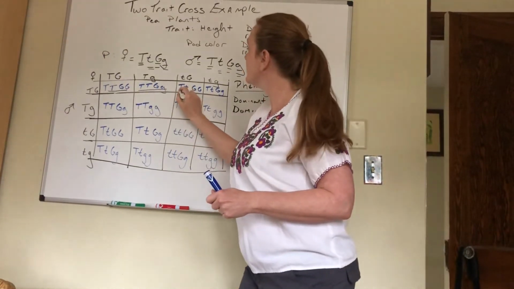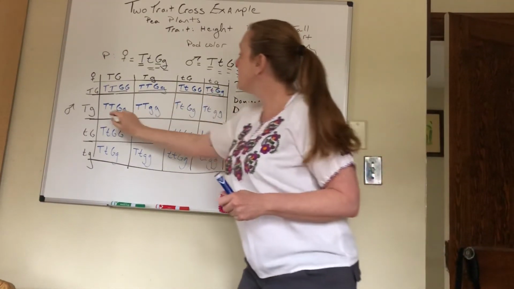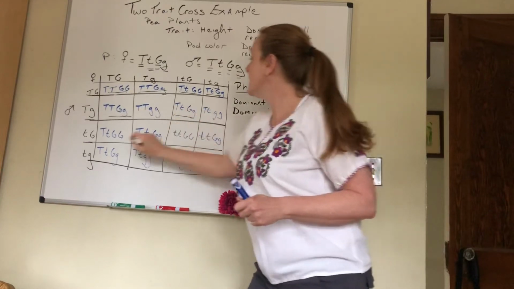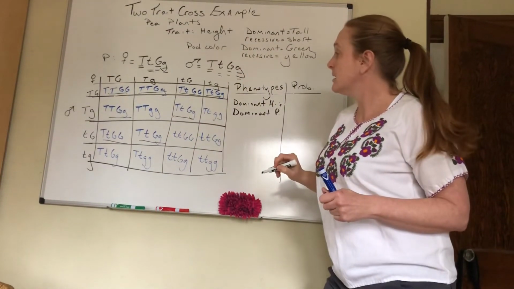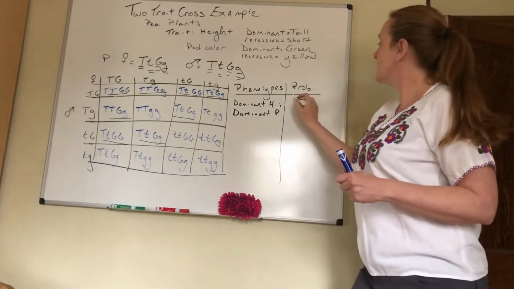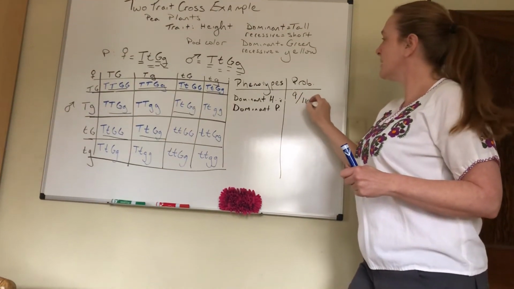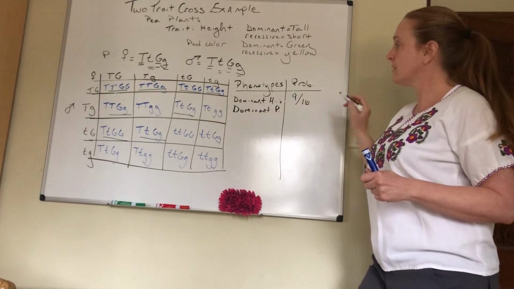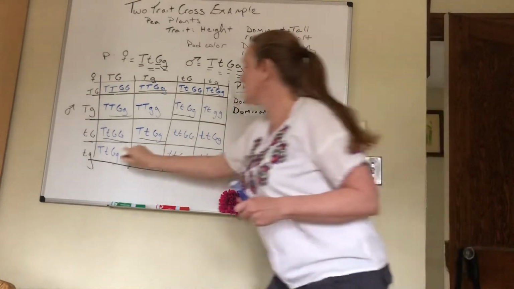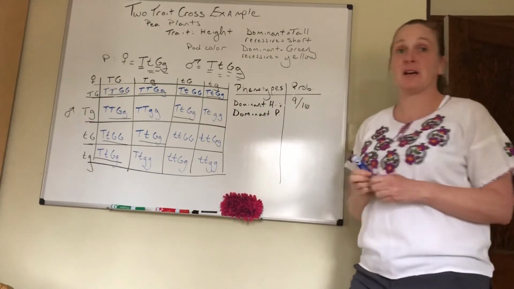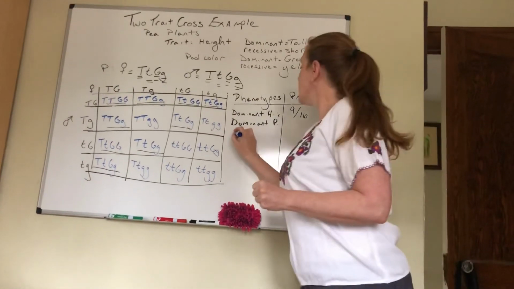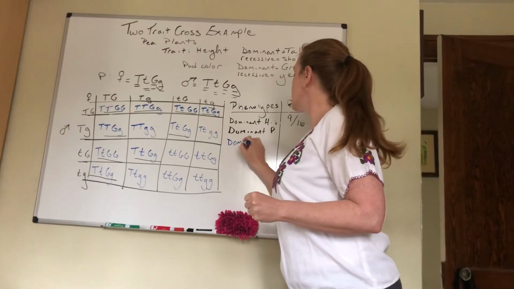So I have 1, 2, 3, 4, 5, 6, 7, 8, 9. There's my 9.